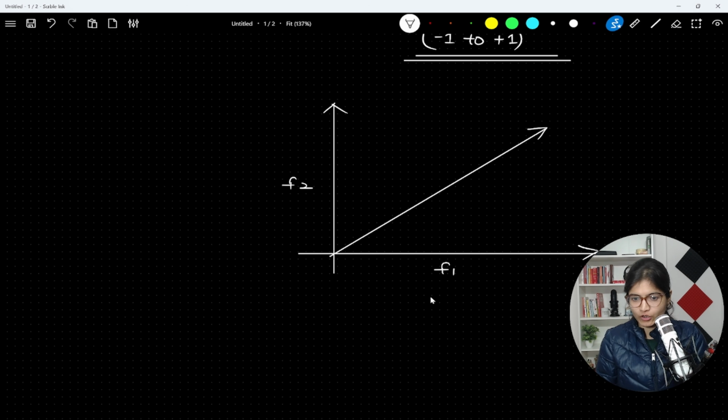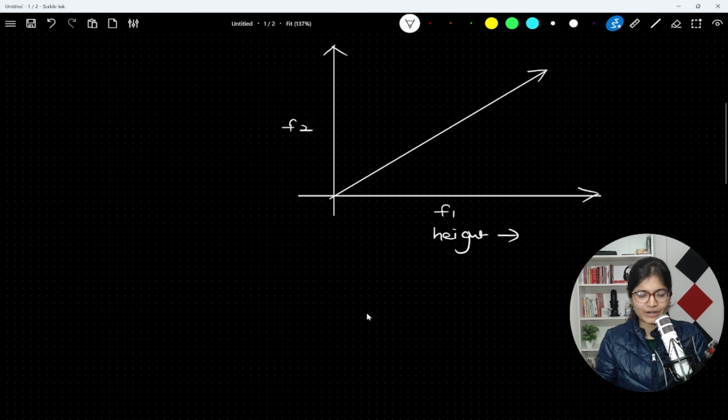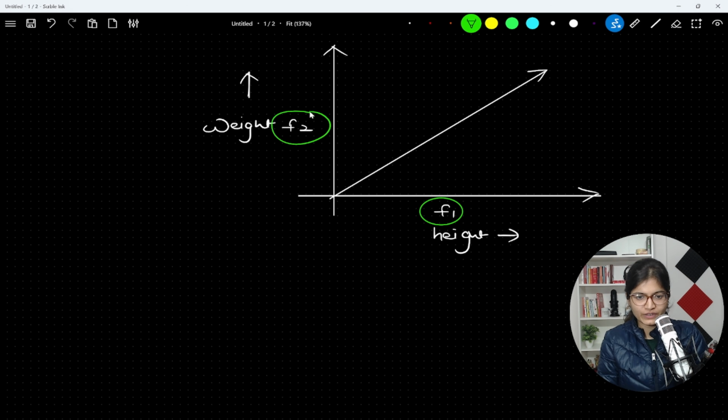As the height of a person increases, it's a very simple example which I'm trying to convey here, you will observe that in most scenarios, the weight of a person will also increase. So in this way, you can say that these two features are highly correlated with each other, and that is in a positive direction because they're directly proportional, right? This is the meaning of high correlation in a positive direction, where the value is very close to +1.